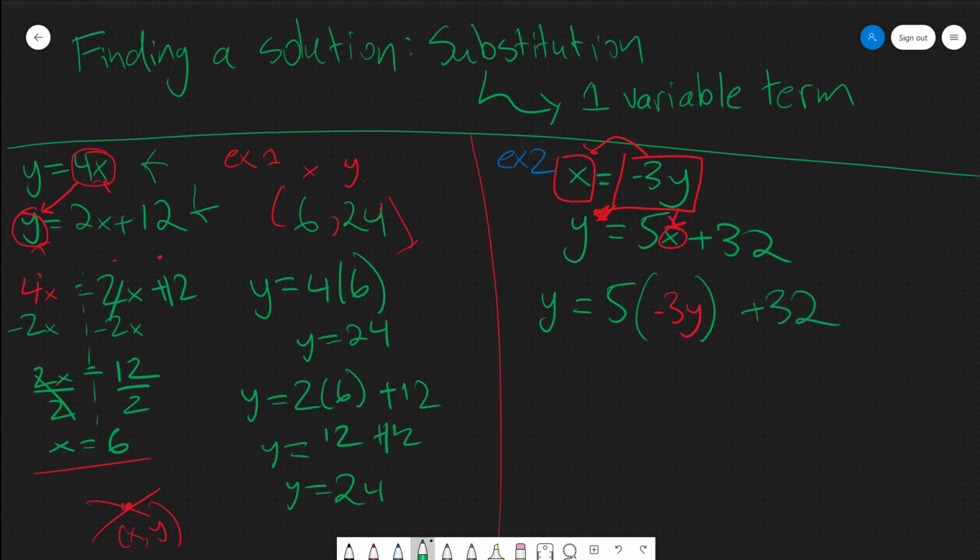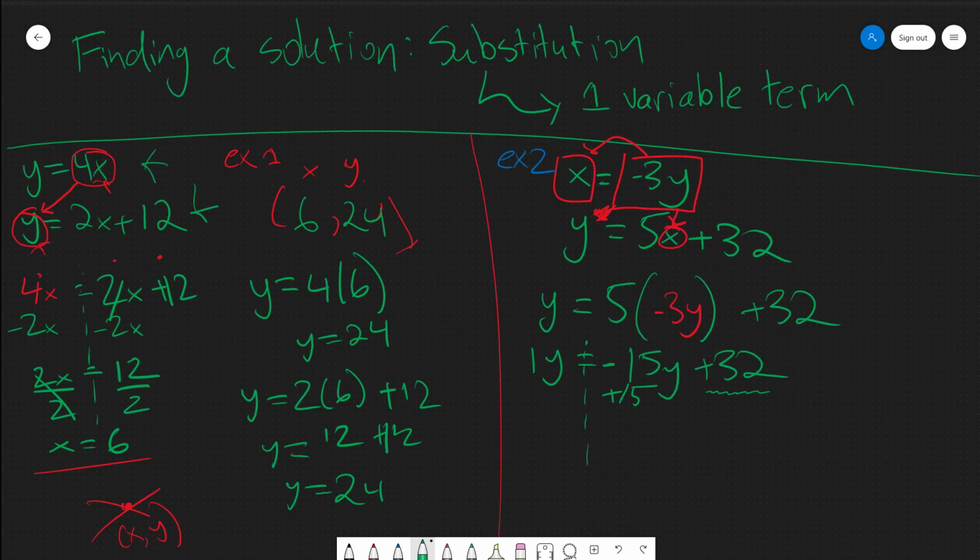We're going to multiply just like we would in any other situation here and get negative 15y. Oopsie doopsie, I wrote the 5 again. So we're going to multiply out 5 times negative 3. Opposite signs in multiplying always negative. Negative 15y plus 32. And I'm solving for y, so that means I got to get all the y's on one side. My numbers are already on the right, which means I'm going to get my variables on the left by doing the opposite of a negative 15y, which is adding positive 15y to both sides.